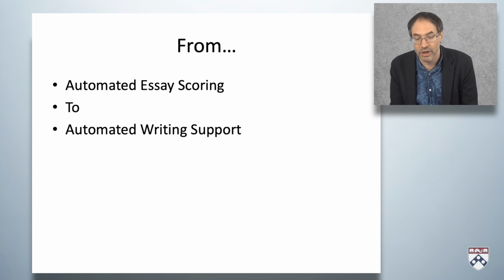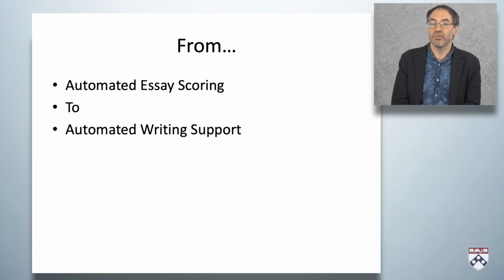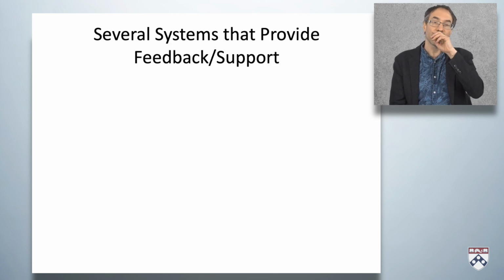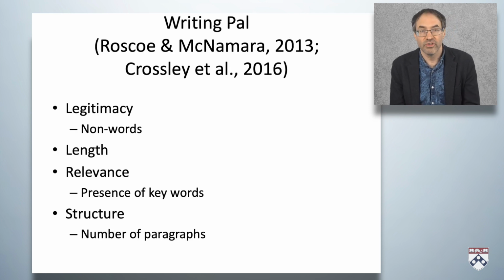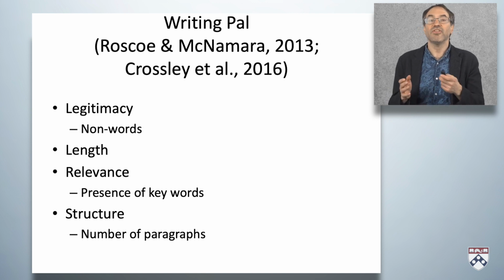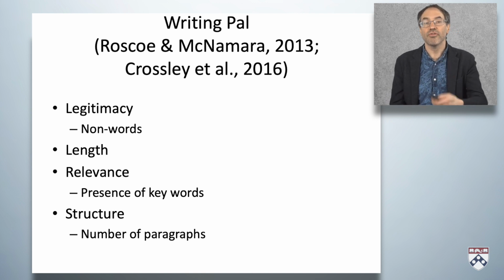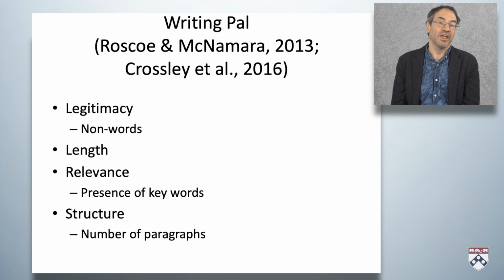So, as we go from automated essay scoring to automated writing support, because of course this is an adaptive learning class, not an adaptive scoring class, there have been several systems that provide feedback and support. One important such system is WritingPal, developed by Roscoe and McNamara and Crossley and their colleagues, which in essays tried to look for and then give feedback on legitimacy, aka non-words, length, relevance, aka presence of keywords, structure, aka number of paragraphs.